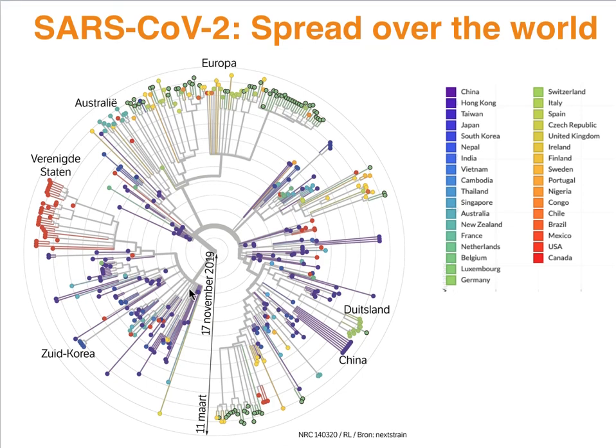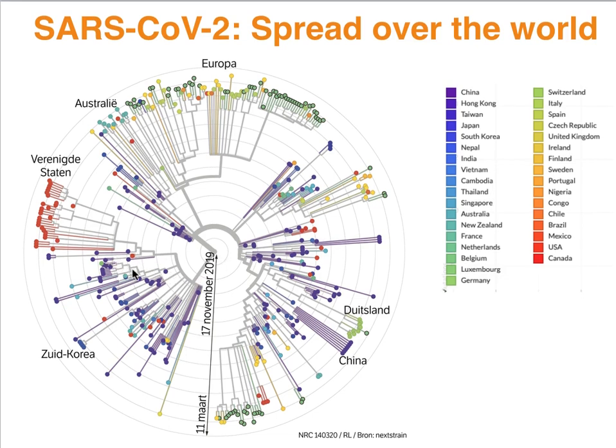And then there's this line here, and then it traveled to the United States, those are the red dots, and then changed a little bit, still in China, and then moved to Australia and some European countries.